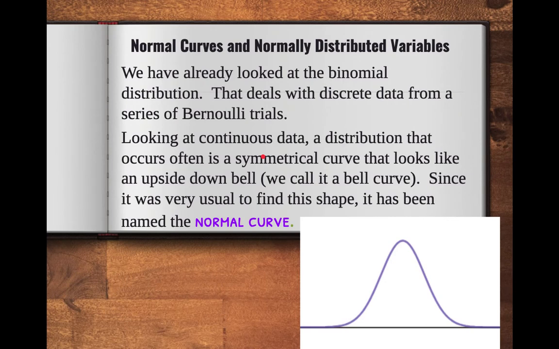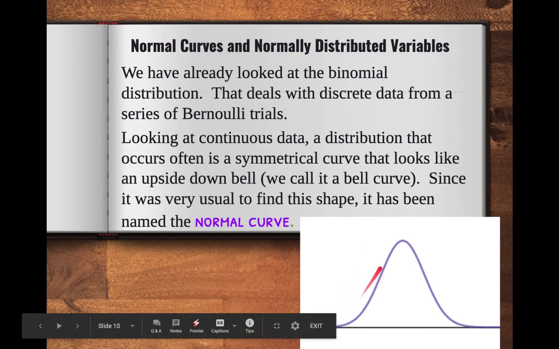So this is where we're going to get to this idea of the normal curve. Last chapter we were dealing with the binomial distribution. Discrete data from a series of Bernoulli trials that made a nice symmetrical distribution, which looks kind of like this.